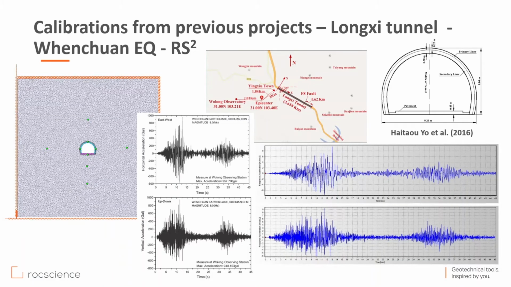This is done to individually investigate the effects of the longitudinal and vertical accelerations on the response of the tunnel, since for design those are often neglected in reality. I also mentioned that it's very important to use not just the horizontal, but also the vertical one too.